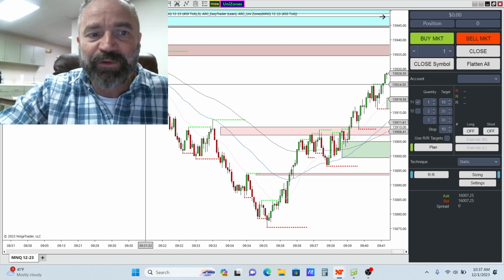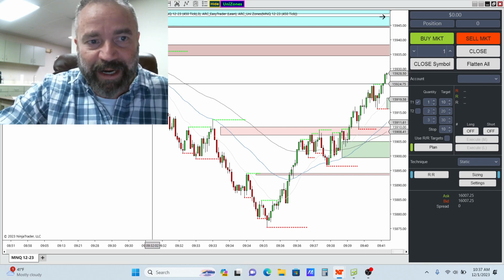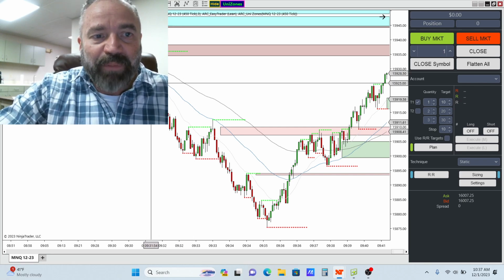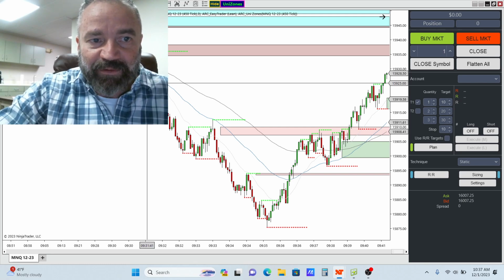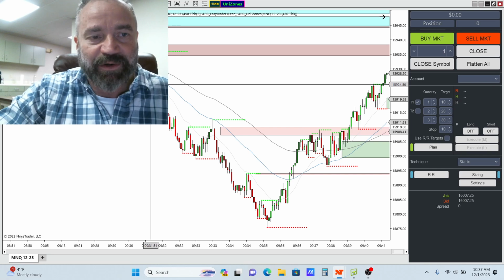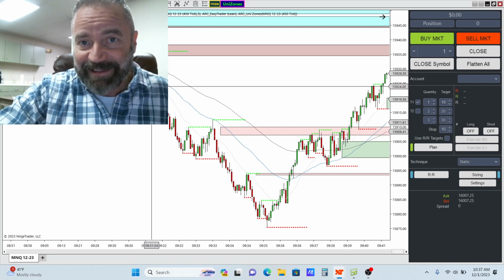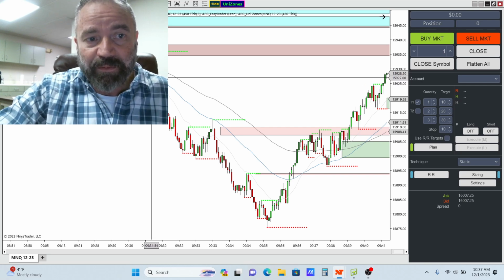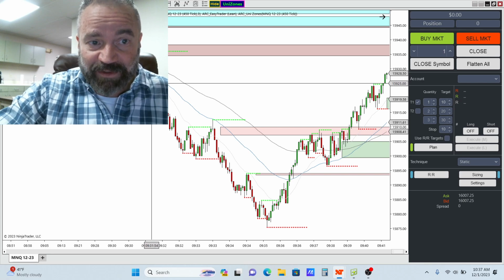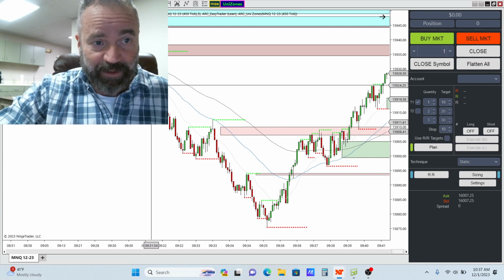I'm looking for the first swing below the 100 EMA, which would have been right here. This bar right here did not close underneath that swing, so I wouldn't have taken this trade. If you were aggressive, you could have gone ahead with the next bar and taken it because it did close. But I'm looking for this bar. If it touches that swing, it has to close below it before I take a trade.